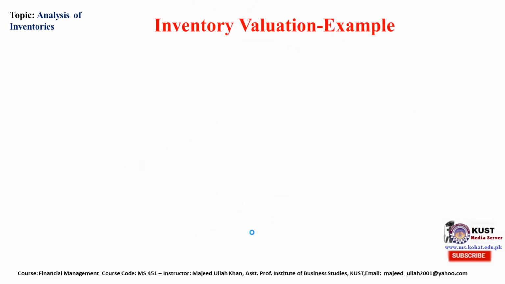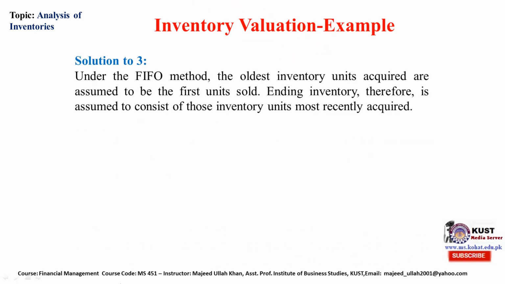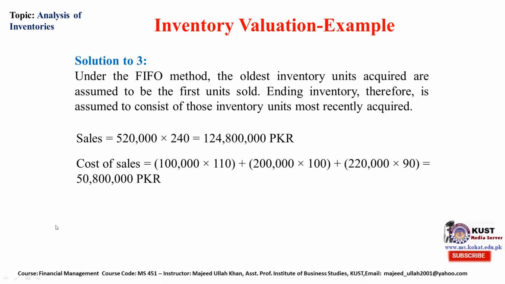Inventory valuation method, FIFO. Under FIFO method, we assume that oldest inventory units acquired are assumed to be first units sold. Ending inventory therefore is assumed to consist of those inventory units most recently acquired. Now sale is the same, calculated as in the earlier method, but cost of sale differs.